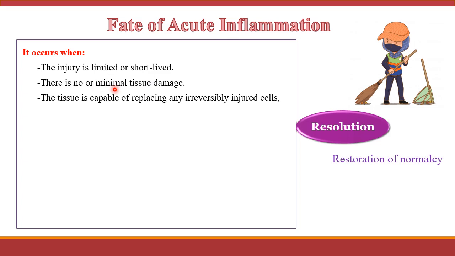Also, if there is no or very minimal tissue damage because of that injury. Then the last condition for resolution to happen is that we have injured cells that are able to replace themselves. So even if some cells are dead, the tissue has the capacity to reproduce and regenerate and create more cells, because this is a feature that is not available in all of our body tissues, as we are going to understand later in the next chapters.